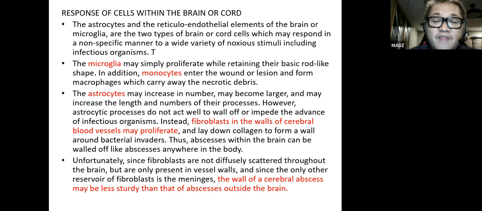Instead, the fibroblasts in the walls of the cerebral blood vessels may proliferate and lay down collagen to form a wall around the bacterial invaders. Thus, abscesses within the brain can be walled off like abscesses anywhere in the body.